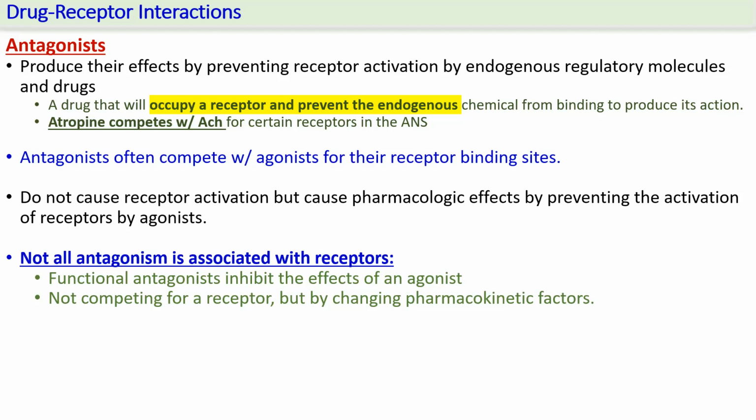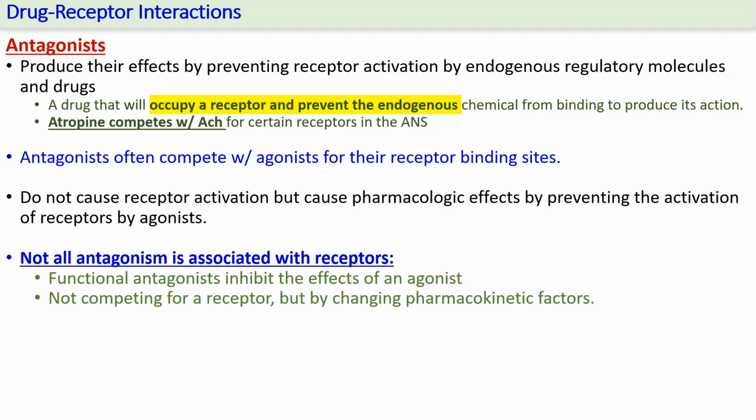Now, antagonists often compete with agonists for the receptor binding sites. They have no effects of their own on receptor function. Antagonists have affinity but no intrinsic activity.